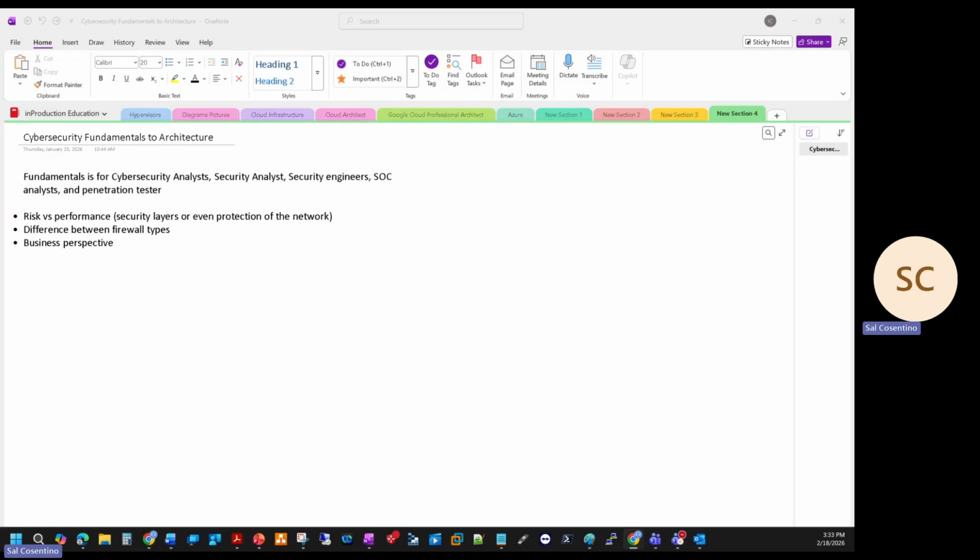Over-engineering sometimes increases the operational burden, so my approach is always to balance protection, performance, and business impact. The goal isn't maximum security. It's optimal security aligned with business needs. Think of it that way, and you'll understand the lay of the land.